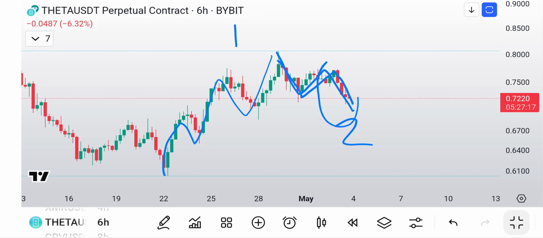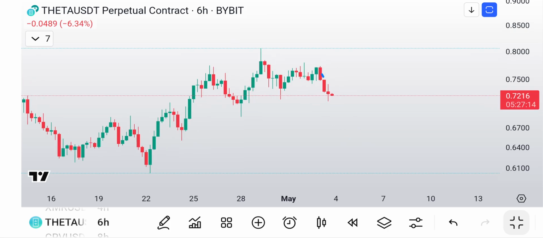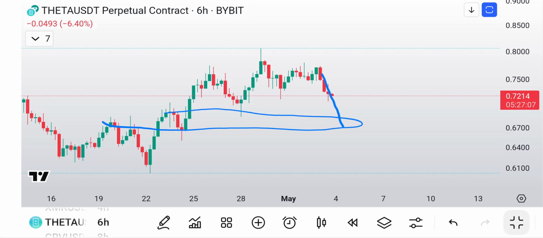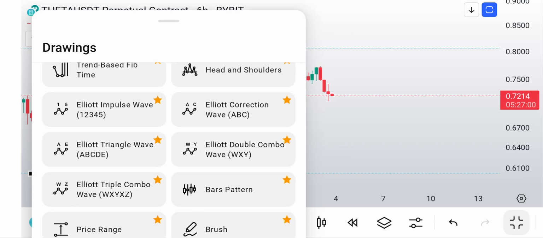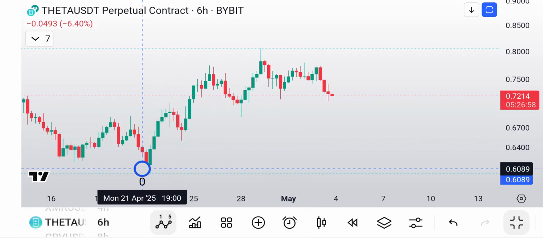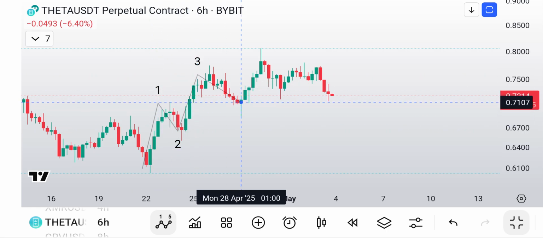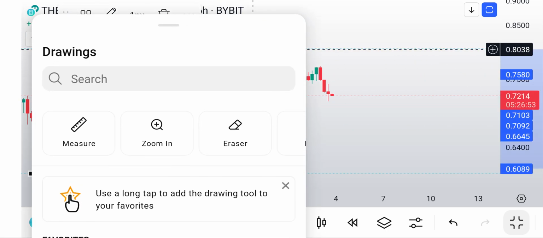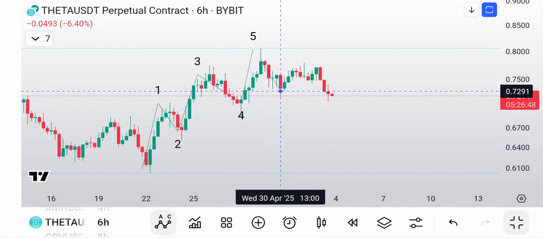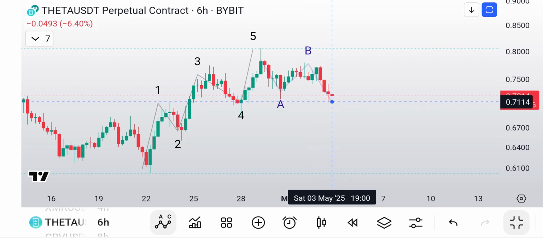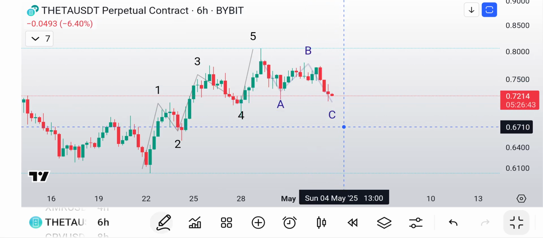Now, there's no guarantee that the 2 is finished, right? This can come way down here if it needed to, if it wanted to, right? It could come somewhere down in this zone, and it could be like an A, B, C. So you would have, if I just put this on really quickly here, 1 2 3 4 and 5, and we have an A, B, and a C. Now, does C end here, right?